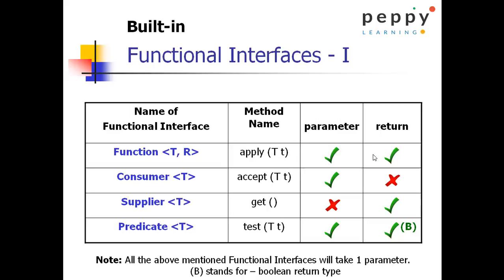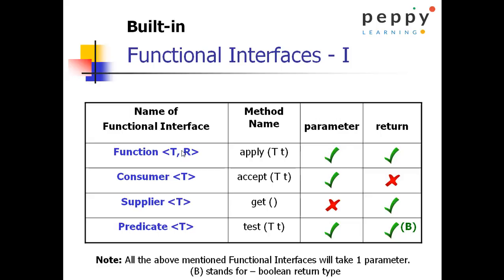If you look at this slide, the Function functional interface has a method called apply, which will take one input parameter and return the output. In Function<T, R>, T is the parameter type and R is the return type.